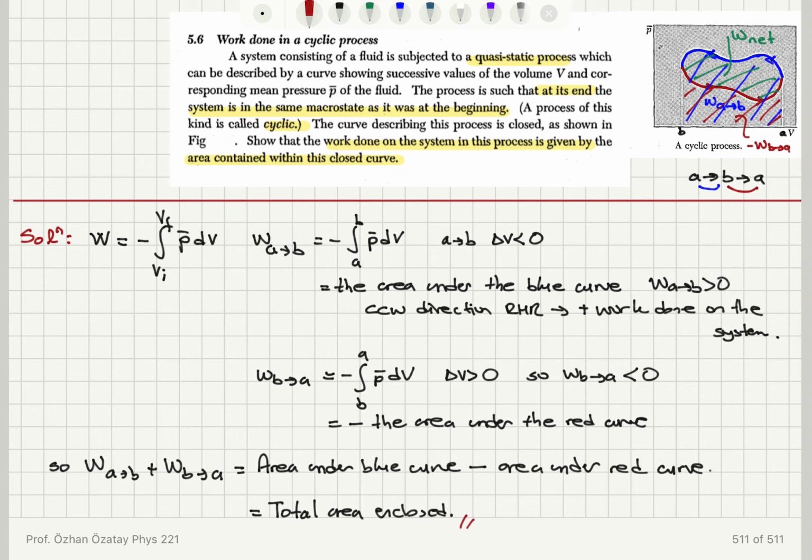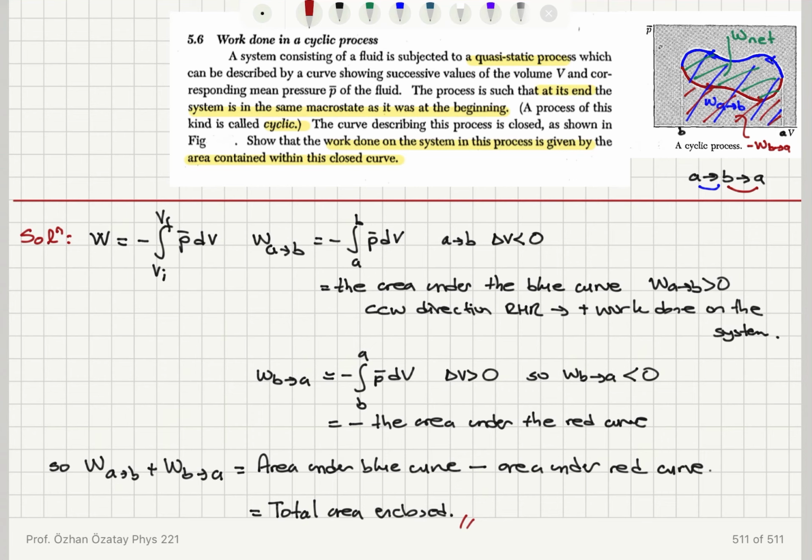Going from A to B, minus the integral from A to B of P bar dV, because dV is negative, it will come out to be positive. So it will be the area under the blue curve, which gives me W A to B. Also, using your right hand rule, this is a counterclockwise rotation, and your thumb points out of the paper, which tells you it's a positive work done on the system.